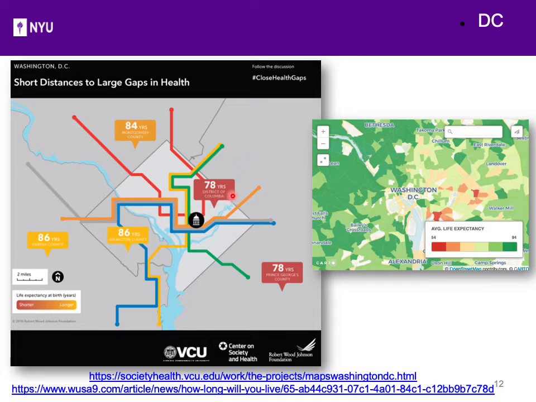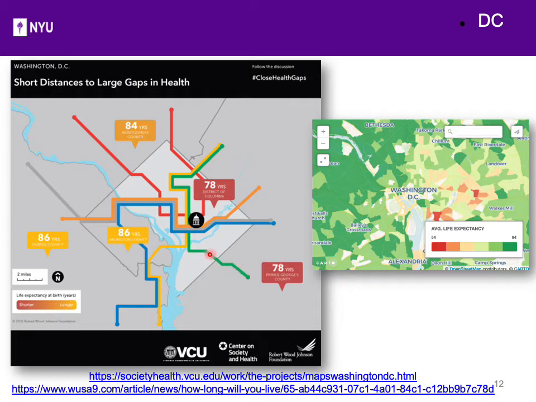In parts of D.C., life expectancy is 78. And in parts of Maryland, life expectancy is 84 in one county right here near the red line. Another part of Maryland, life expectancy is 78 years.